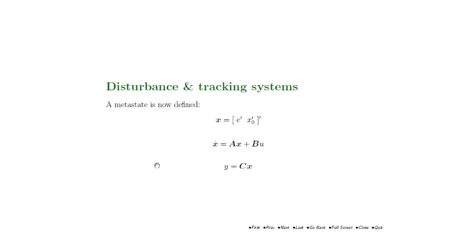And this allows you to actually write the whole system of the original state vectors plus the reference state plus the disturbance states. As that combined gives you the meta state vector, but you can also then write your differential equation as x dot equals Ax plus Bu, in other words, in the standard form, and y, the output of the system, is Cx, where of course A, B, and C now have different meanings from before.